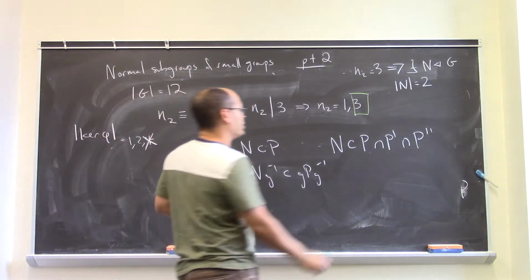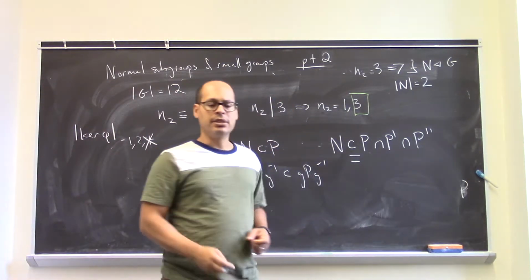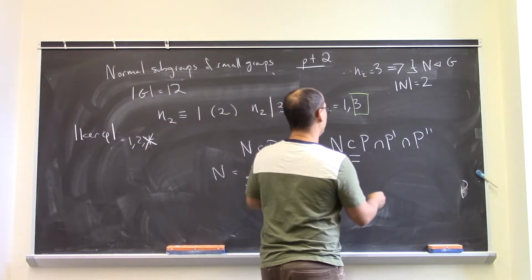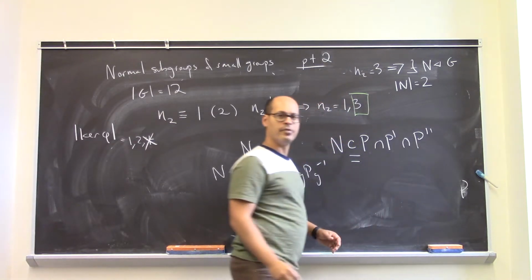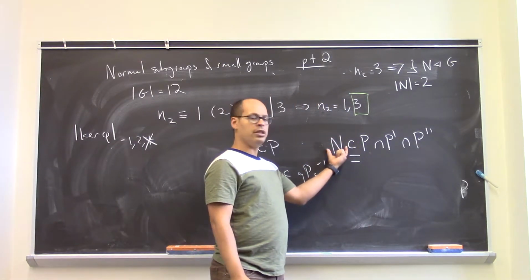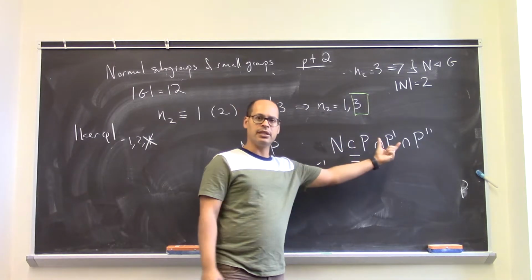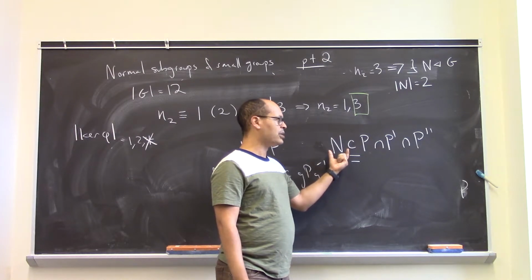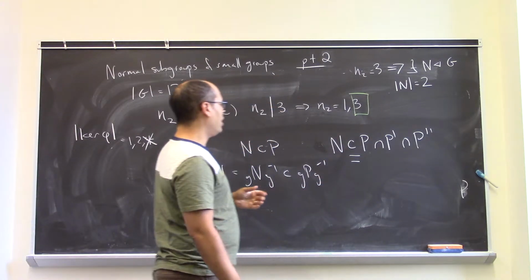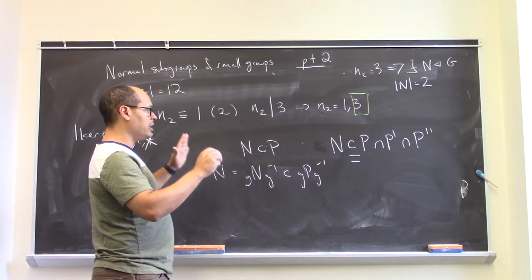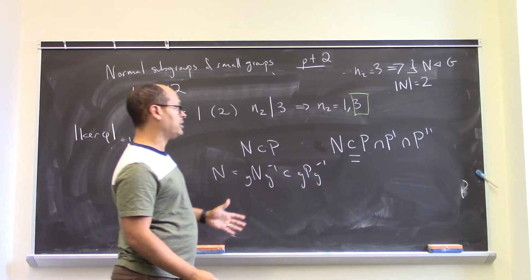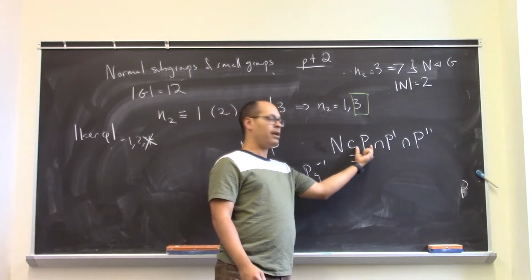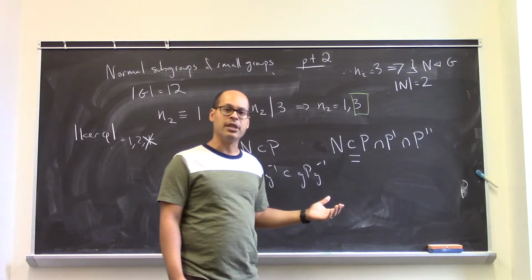In fact, it is that intersection. This is an equality. You know that these Sylow subgroups are each order 4, and n is order 2 and is contained inside them. The intersection is non-empty because we know it contains n, and it's smaller than any of these because they're not normal themselves.